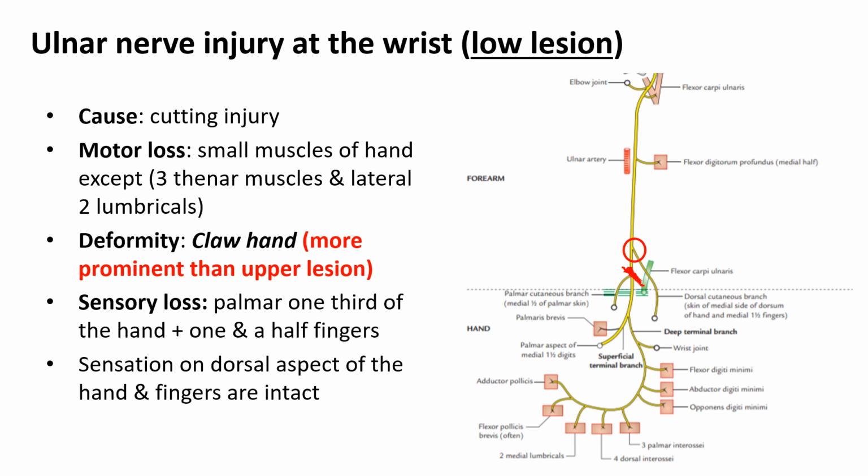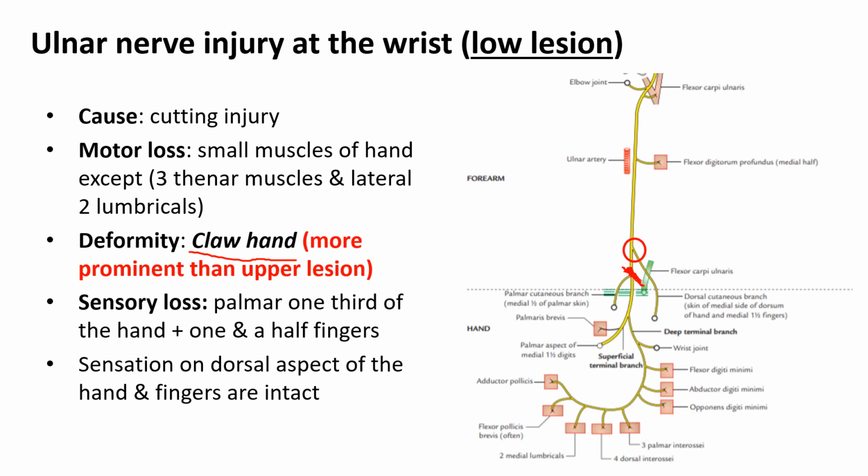Again, this deformity due to loss of small muscles of the hand function is claw hand, and because it is only ulnar nerve, there will be claw hand of the medial two fingers, the ring and the little finger. In this condition, in low lesion, we will get a more severe and more prominent clawing compared to the upper lesion, and we will discuss this in the next slide.